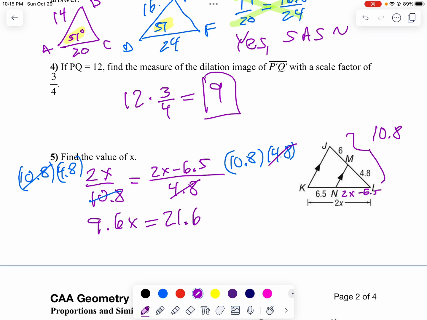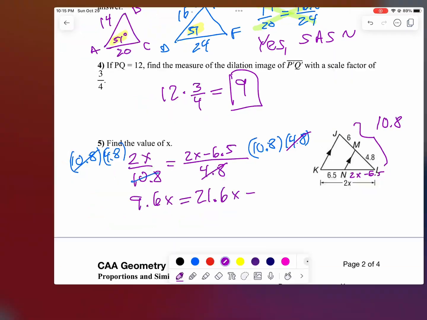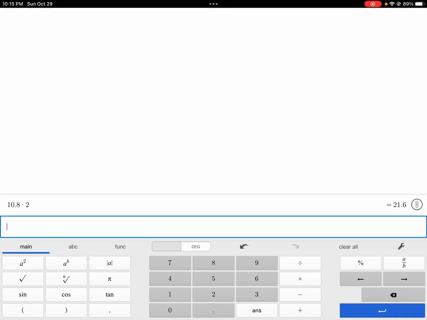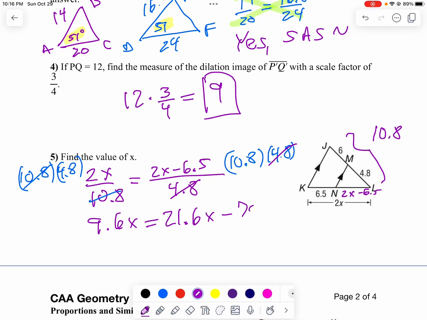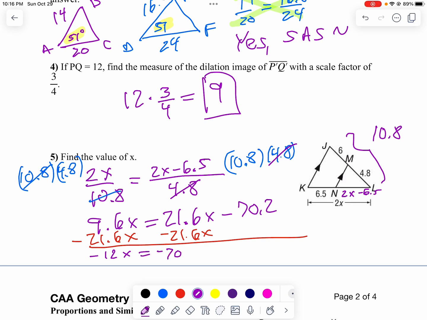And I'll get 21.6x minus, take 10.8 times 6.5, and we'll get 70.2. Now we'll just solve for x. So subtract 21.6x from both sides. Notice we'll get negative 12x equals negative 70.2.